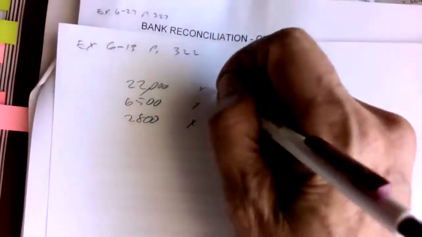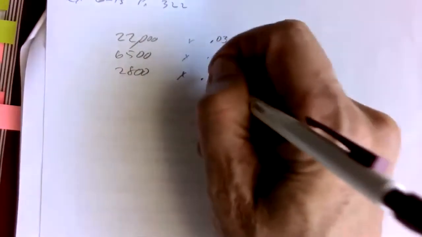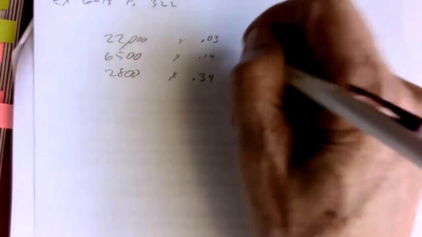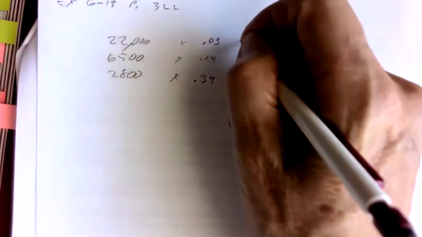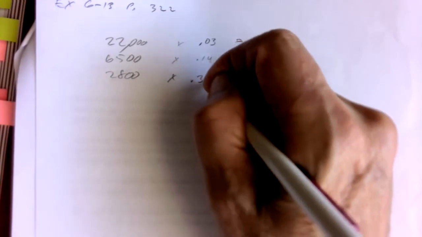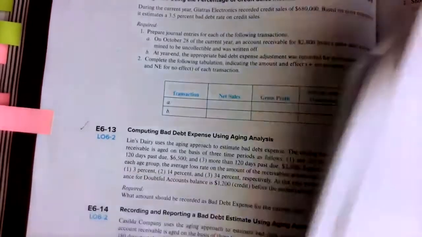They tell us the first category is 3%, so I'll say 0.03. And then the next two categories are 14 and 34%. Okay, 0.14 and 0.34. So we'll just multiply those out and get what we think should be our ending balance. Okay, so 3, 14, and 34.